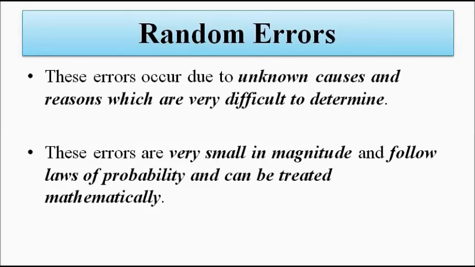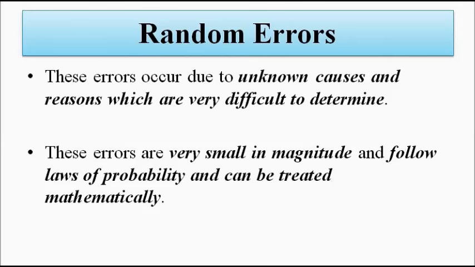Like I said, no matter how much care and precaution we take, there will be error in the output. It can be for any reason for which we cannot find the source of the problem. So, random errors happen due to unknown causes and reasons which are very, very difficult to point out.